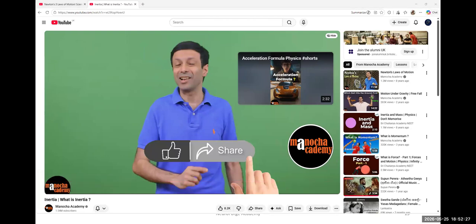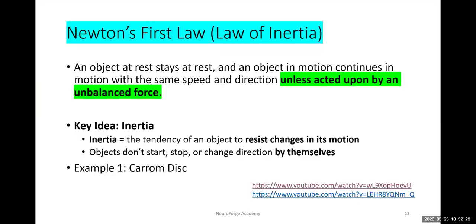Okay. Let's continue the lesson. What is Newton's first law? An object at rest stays at rest, and an object in motion continues in motion with the same speed and direction, unless acted upon by an unbalanced force.